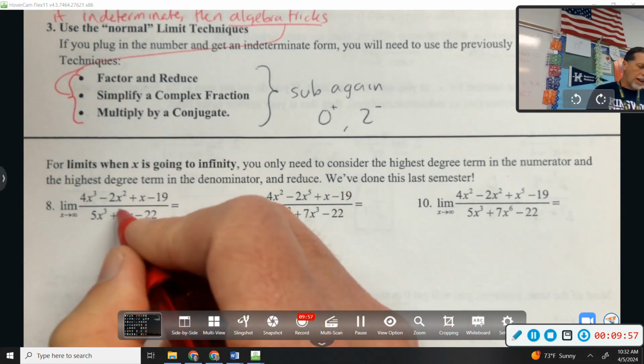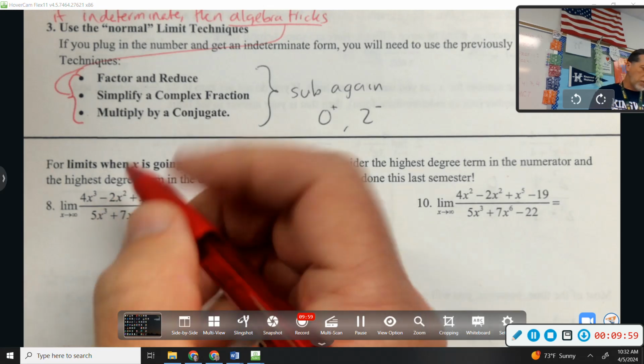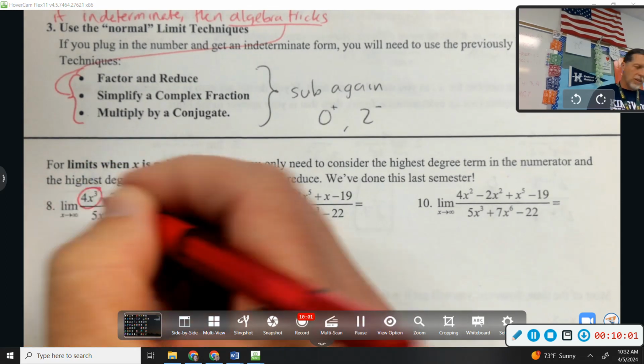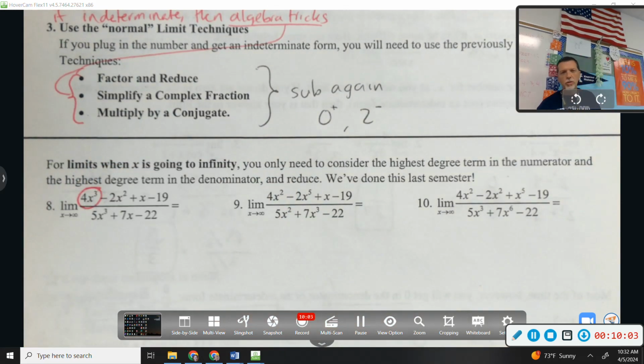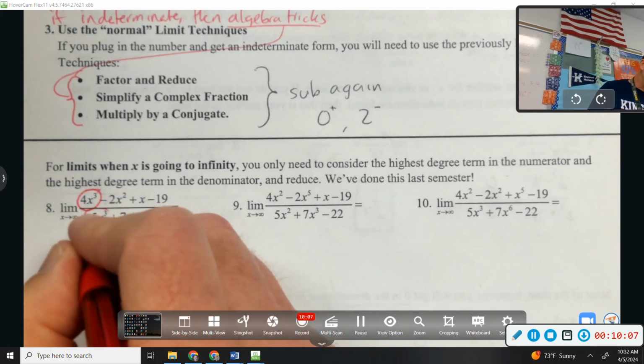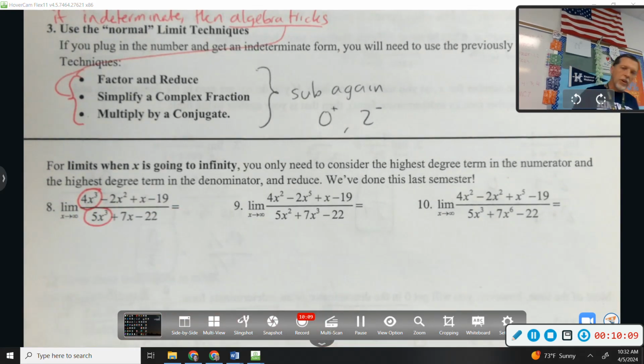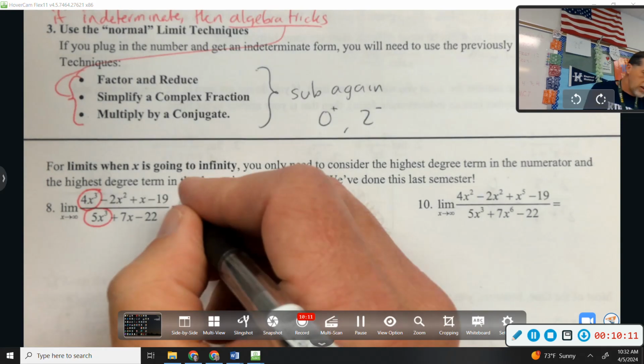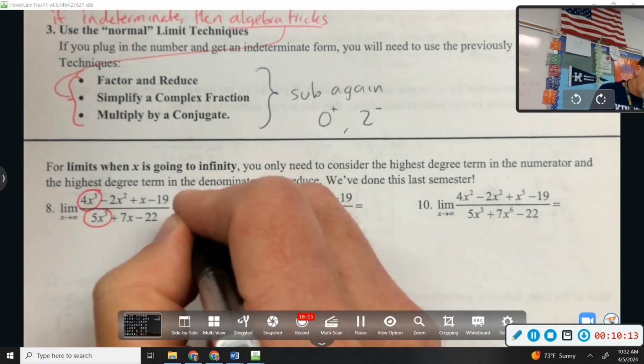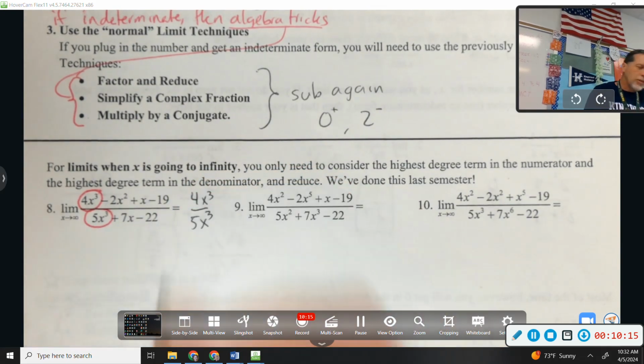And even though 80 gazillion squared is big, it's nowhere near as big as 80 gazillion cubed. So you pick off the highest degree term in the top and the bottom, because when x gets really big, those are the only terms that are really going to matter.